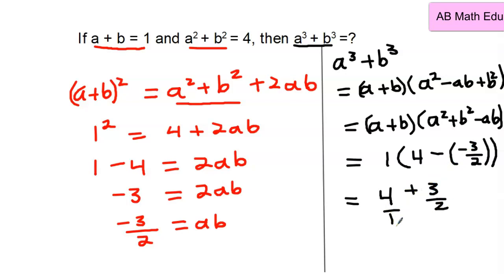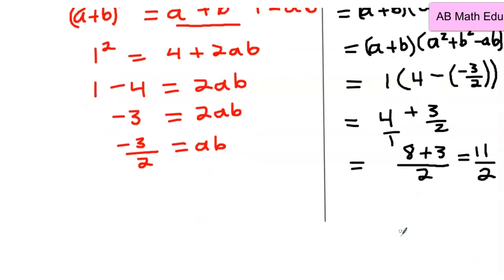Every number is over 1, so we are adding the fractions: we have 4 plus 3/2, and we cross multiply, we got 8, and 3, and that gives us 11/2. If we want, we can leave our answer as a mixed fraction. That is going to be 5 and 1/2.